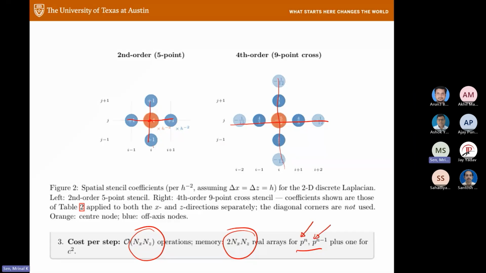Okay, you can swap those after one time step, but you have to have enough memory to hold these two wave fields in memory. Okay, and that's not a trivial task, because when I was a grad student, it was very difficult to store all of that in the memory. But if you want to store those on disk and then you want to read those, that's a very slow process.